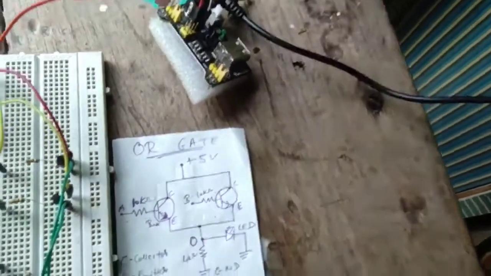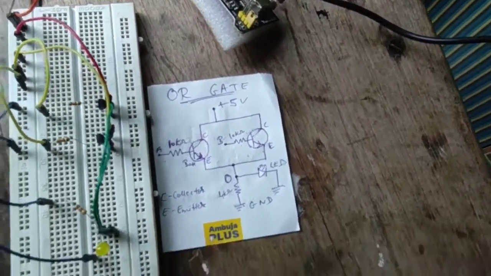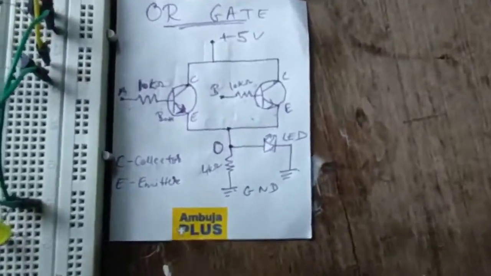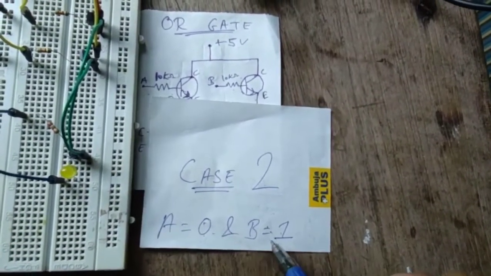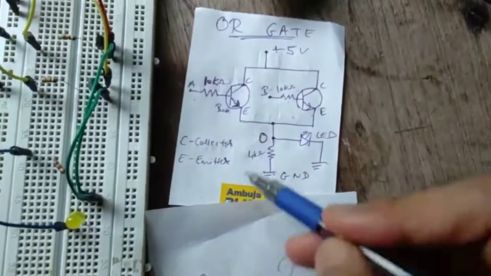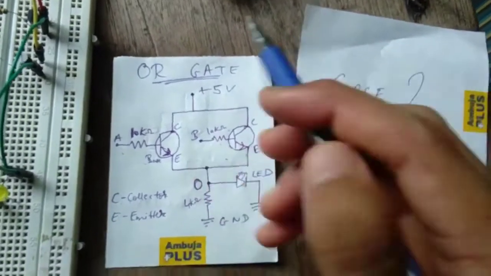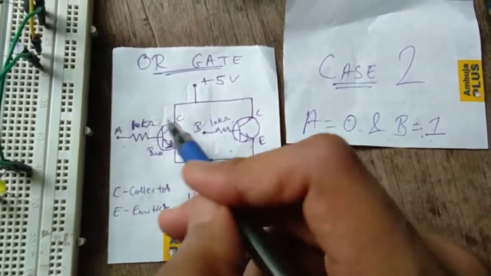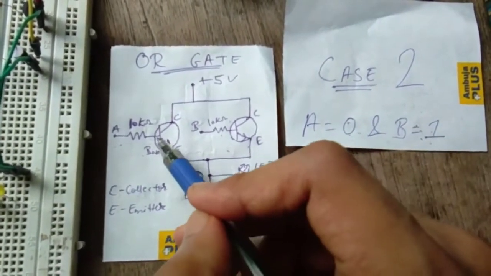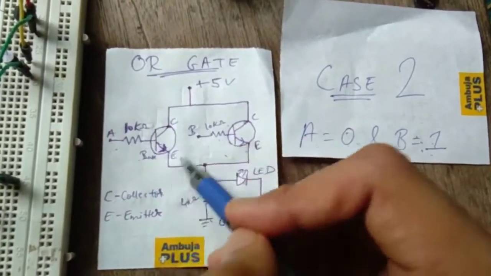Now if we consider the second case, when input A was 0 and input B was 1, let me show you that. See this case, input A is 0 and input B is 1. Since A is 0, this transistor switch will be off, because this base is not allowing collector and emitter to connect, so there won't be any input from this part of the circuit.